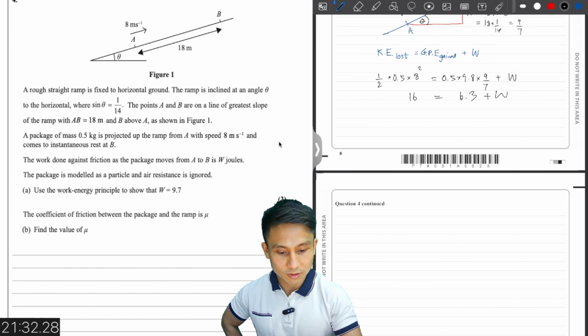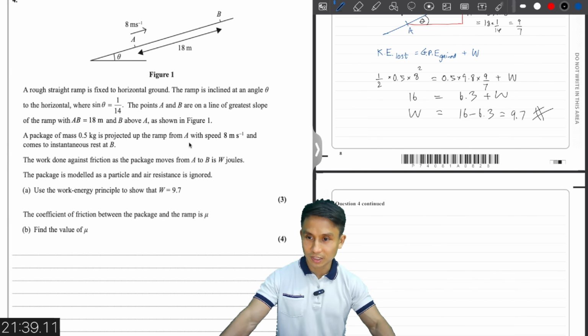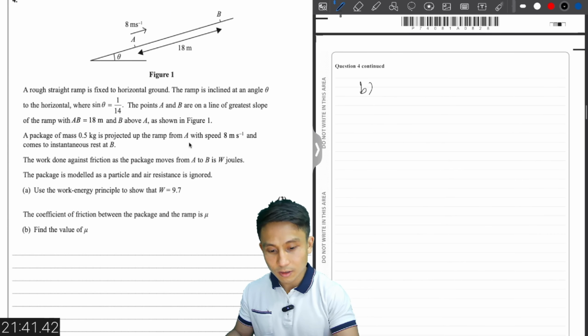So if we subtract that from 16, both sides by 6.3, we're going to get that. Indeed, as required.